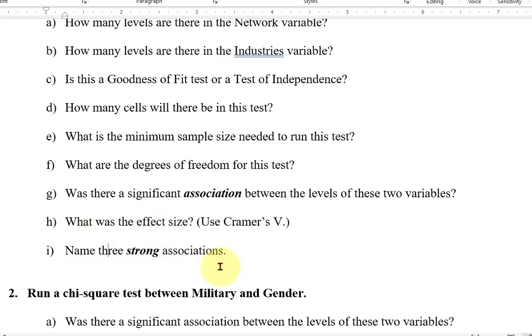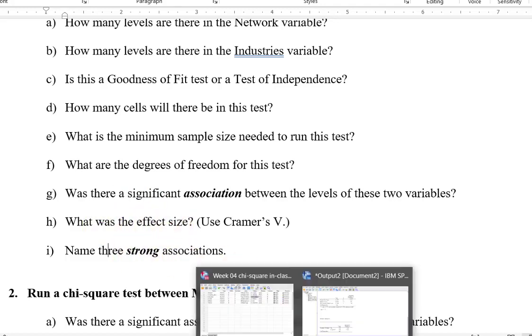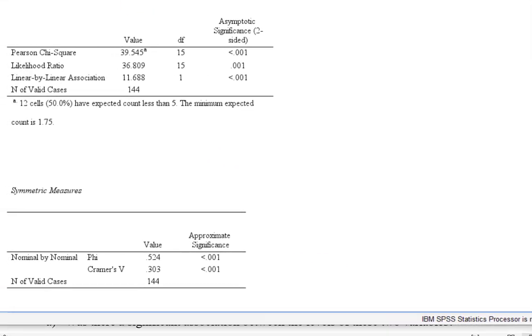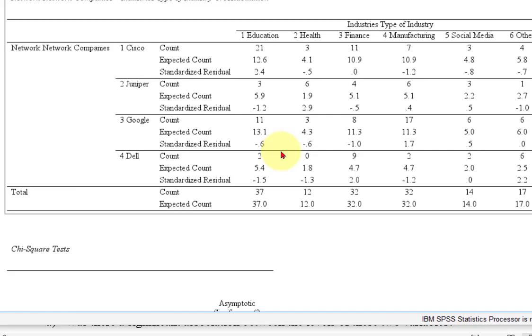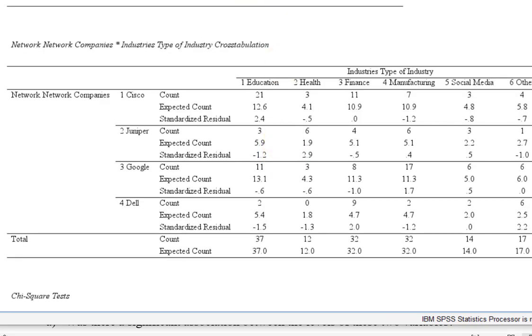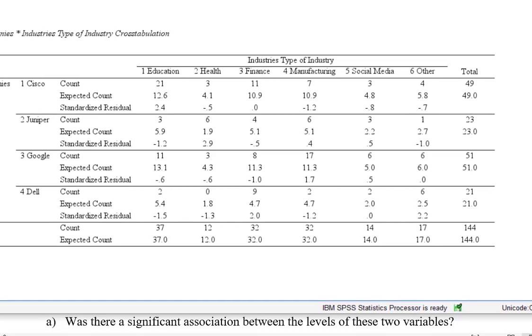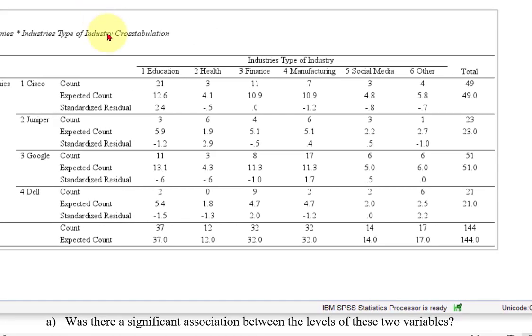And what are 3 strong associations? We would go to the expected versus observed box. That's this guy. And let me see if I can get it all on the screen for you here. So again, to look for giant changes, we look at the standardized residuals. There's one right off the bat, right? Standardized residual is 2.4. Anything over 1.5-ish or negative 1.5.